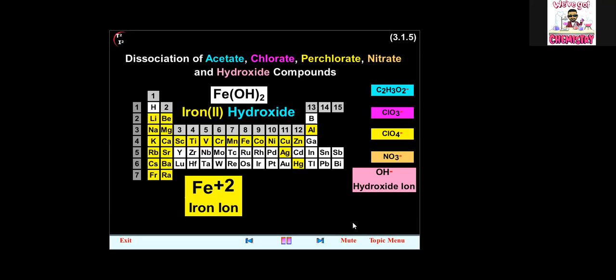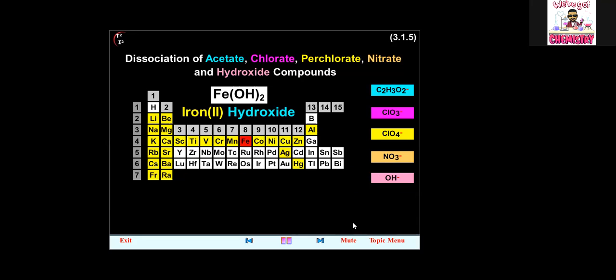Iron(II) hydroxide, Fe(OH)2, is insoluble in water. Remember the hydroxides? All these transition metals with hydroxide are insoluble. OH is only soluble with group 1 and slightly soluble with Mg, Ca, and Sr.